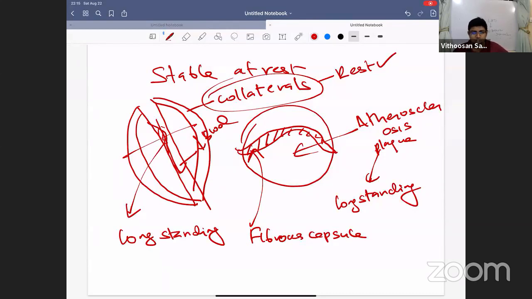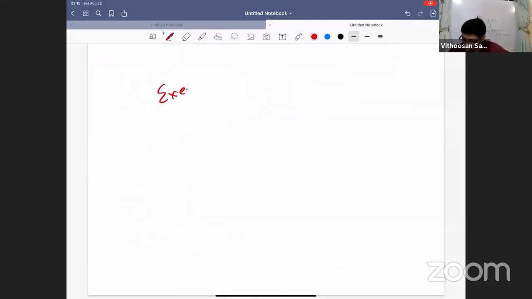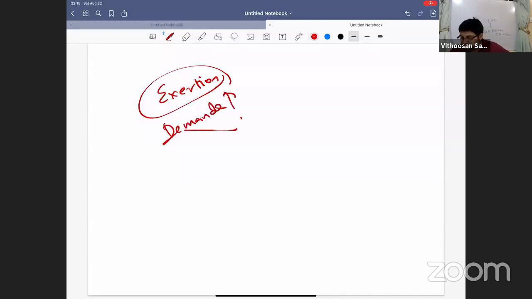The problem is, if they are on exertion, what do I mean by that? When they walk, when they run, the demands of the heart will increase. Why do the demands increase?